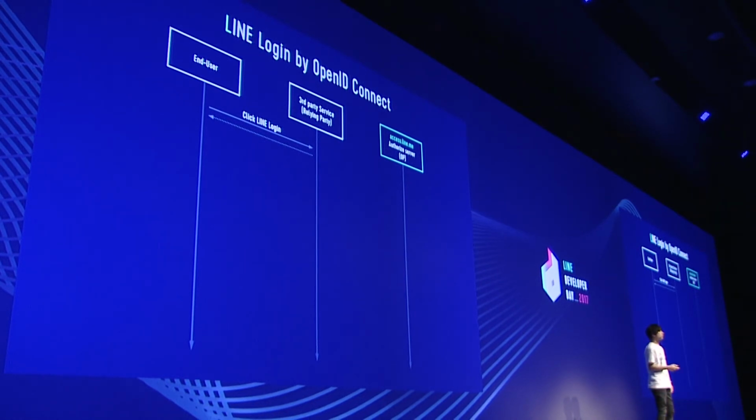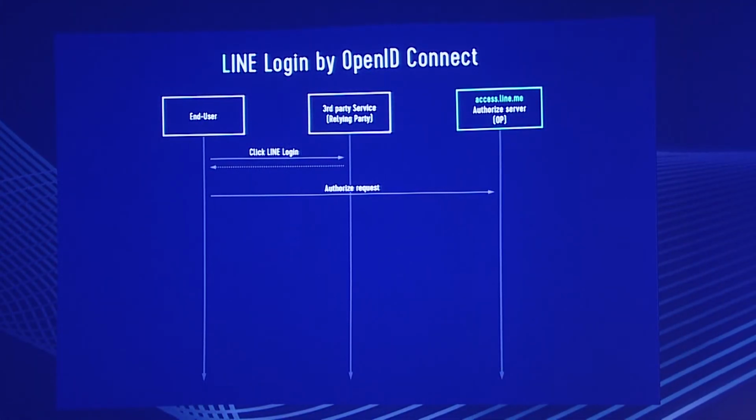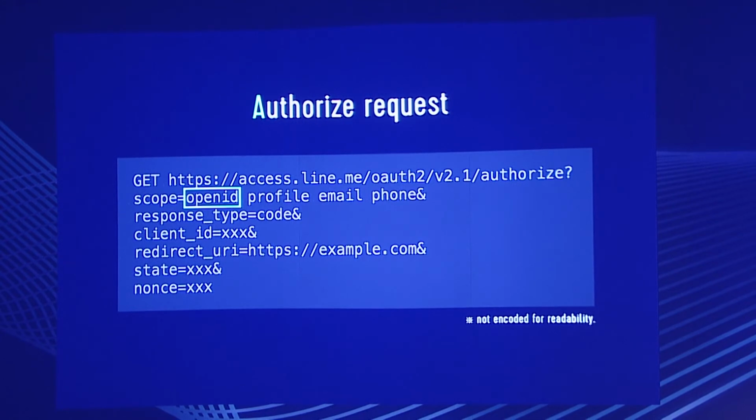The end user clicks a link saying log into LINE on the third-party application. Then on the third-party application side, you need to get consent from the user. So there should be a redirection to the LINE Authorization Server, access.line.me.